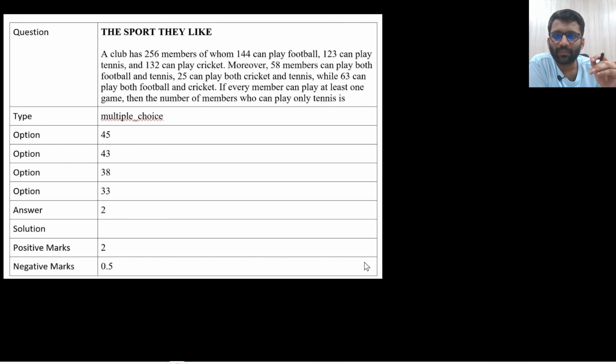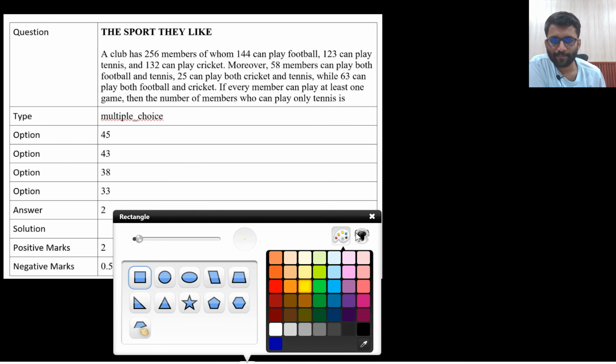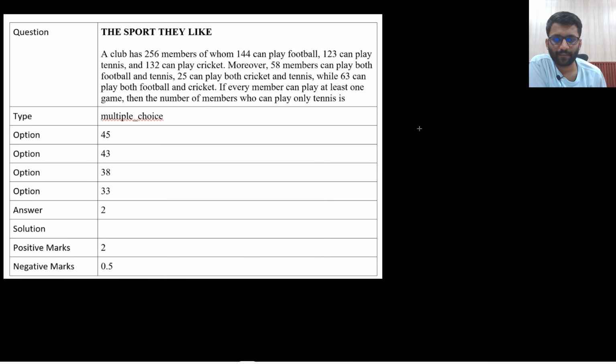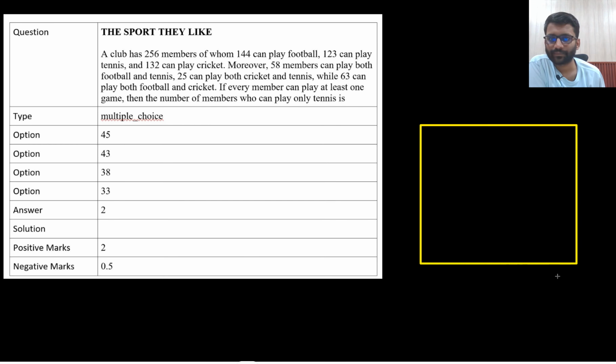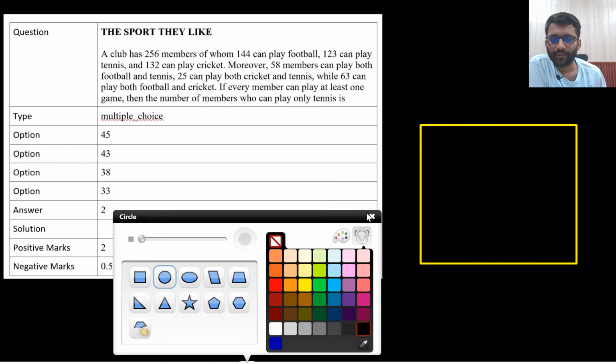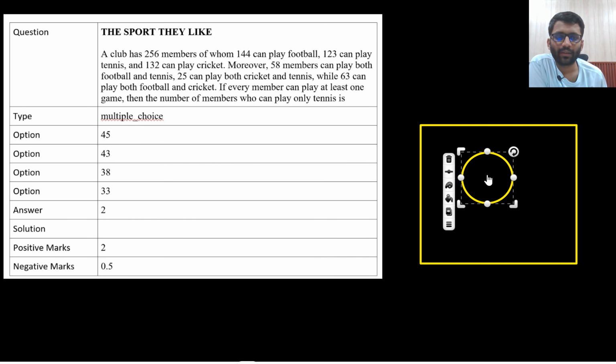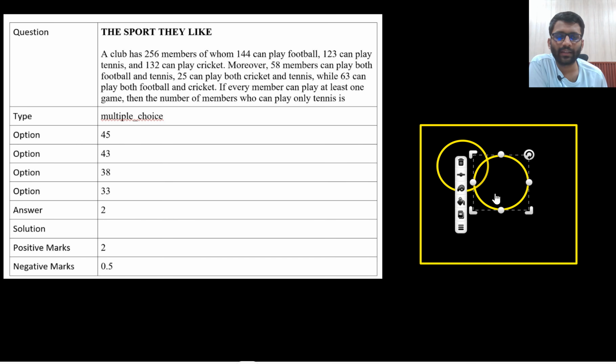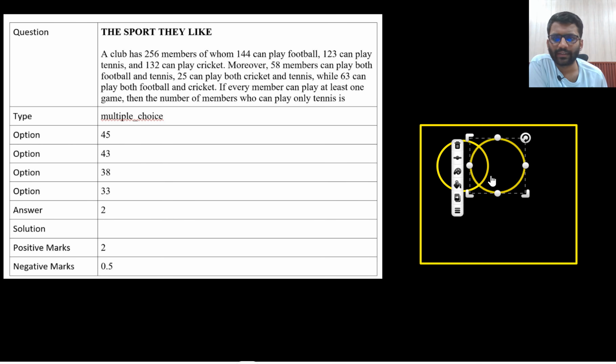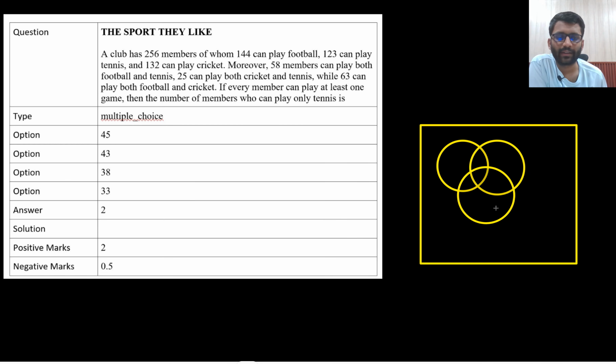Okay. So in a club 256 members are there. This is the problem based on Venn diagram. 144 play football, 123 play tennis and 132 play cricket.